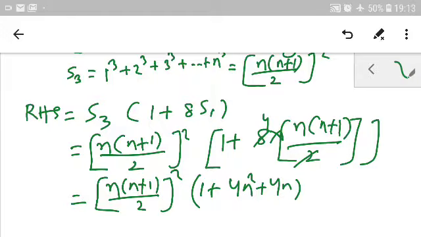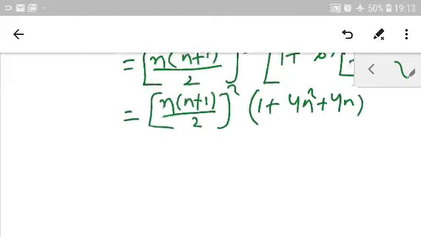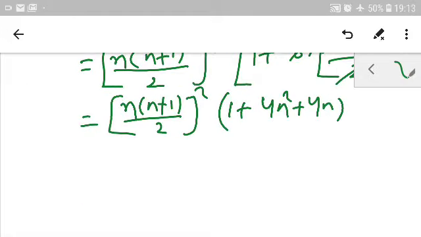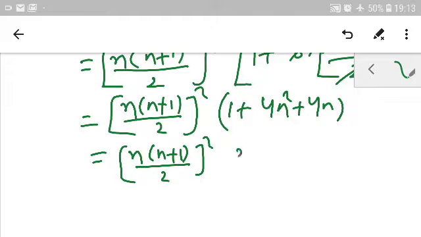Right. Now let us proceed. If I proceed like this, it will be n into n plus 1 by 2, its whole square. So here this is 2n whole square plus 2 into 2n into 1 plus 1 square.